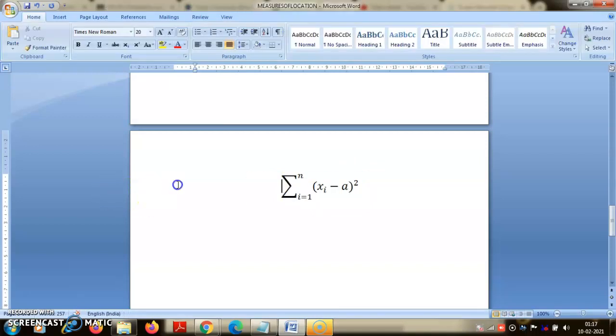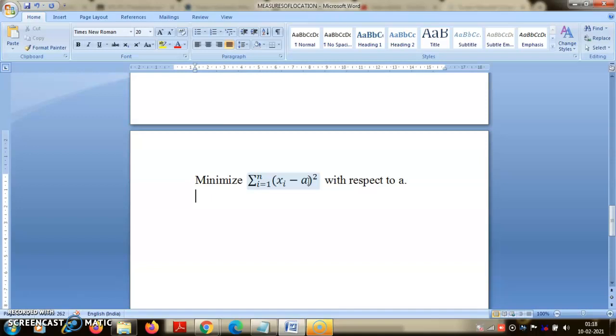Minimize this function with respect to a. The x1, x2, up to xn are a fixed set of numbers, and a is the variable, so it is a function of a.